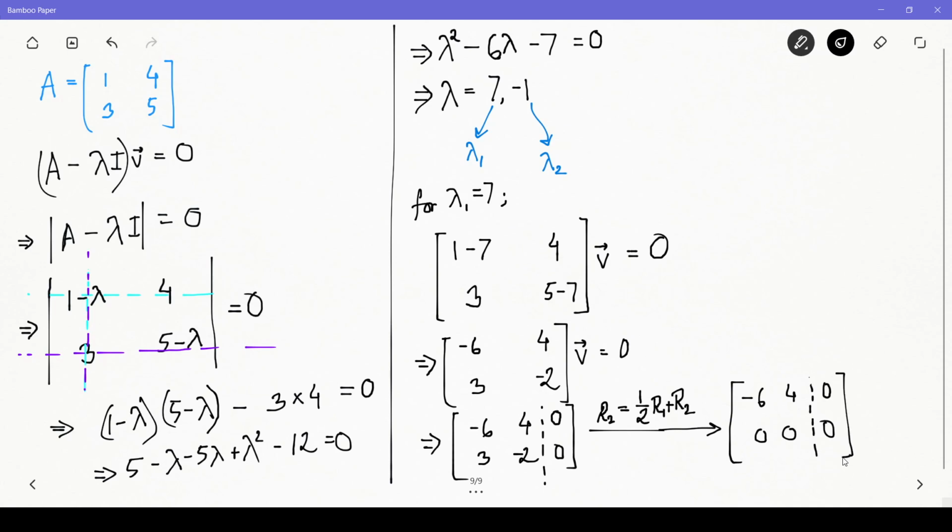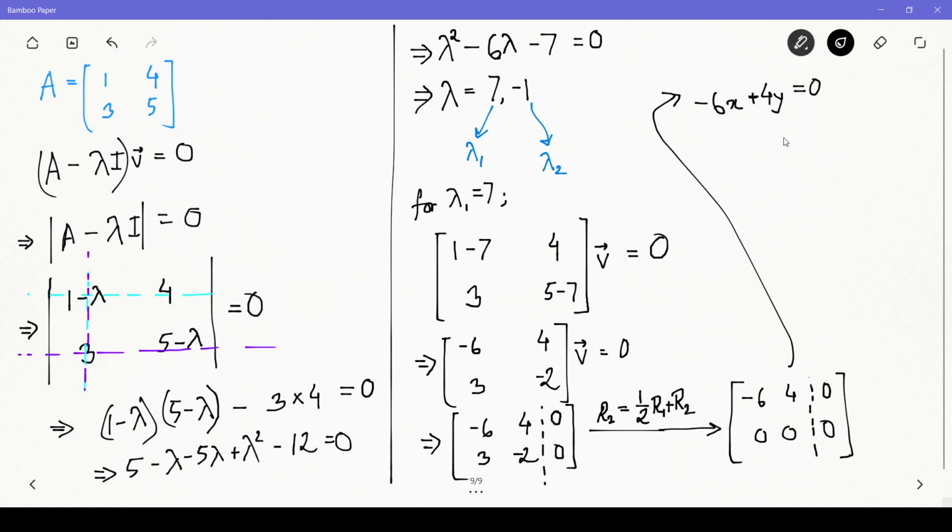So what does this say about our resultant matrix? Whatever equation we form using this first row, let's go over to here for more space, is minus 6x plus 4y gives me 0.